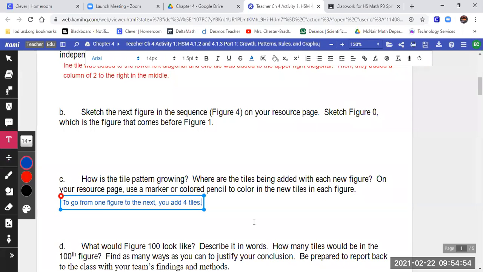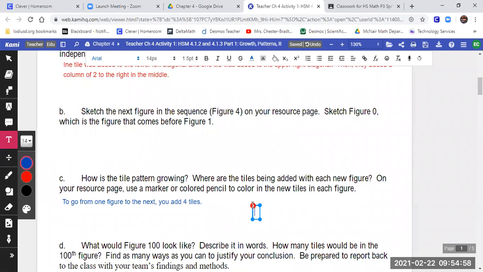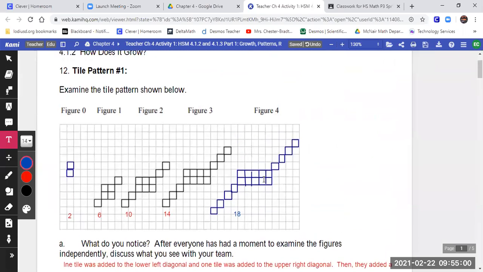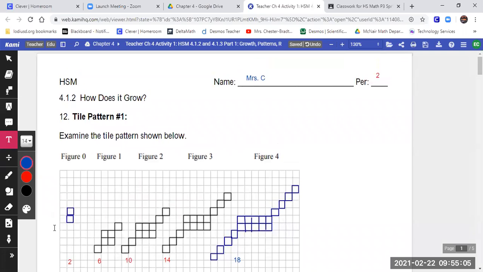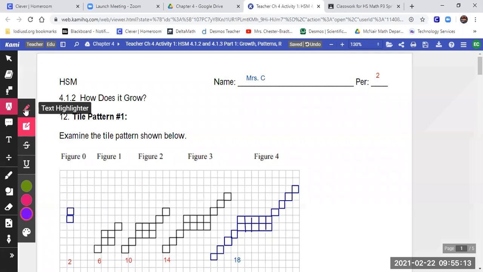Okay, I'm not going to worry about coloring. If you feel like you want to color, you can. But what they're saying is to use your highlighter. You may have to switch to the box highlighter versus the text highlighter.